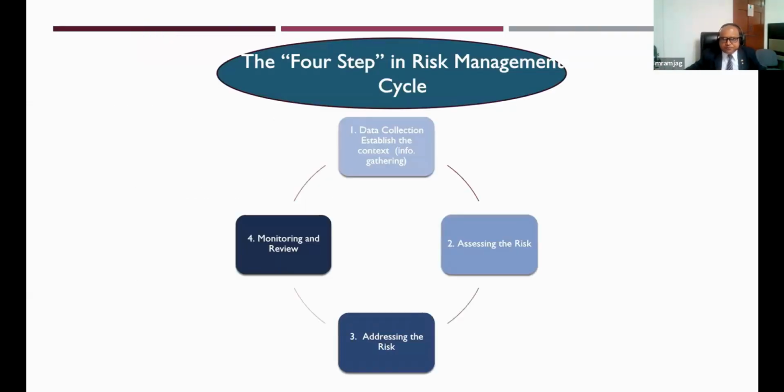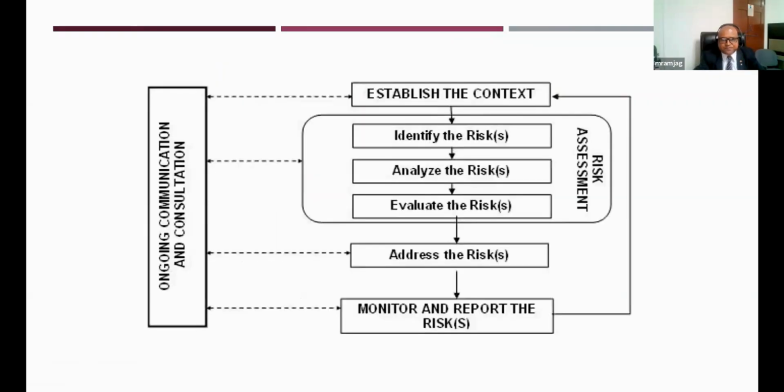This is the cycle of risk management, how it works. Establish the data, assess the risk, address the risk, monitor. As I said, we don't have to go in depth on those, but if you need any information on that, you can find notes.